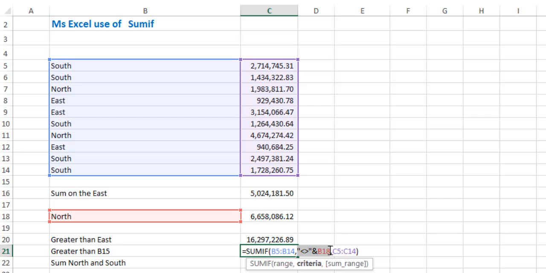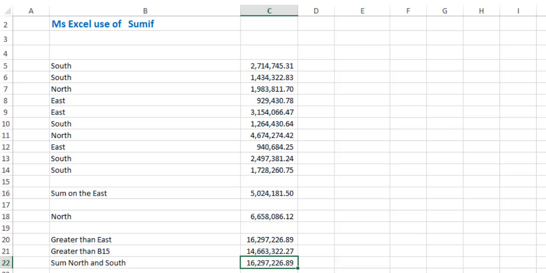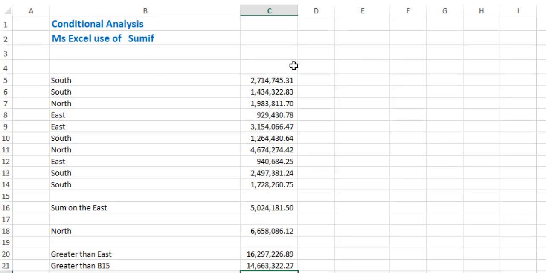We tell Microsoft Excel to find out in this range this not equal to condition and this B18, and the B18 is north, so get the data in this range if this condition is satisfied. So this is how we can comparatively analyze our data.